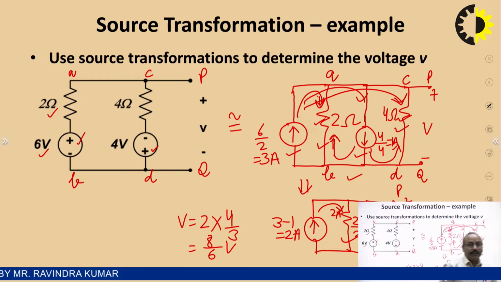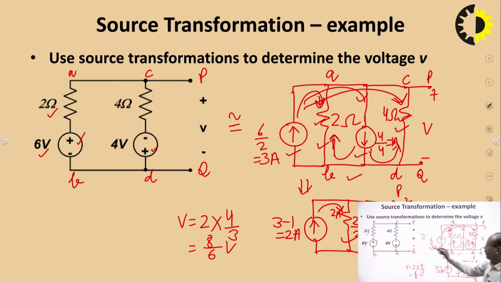So, that way we are able to calculate this voltage V in the given circuit with the help of source transformation easily. What we are to do here is basically convert the given voltage source to the equivalent current source, or vice versa, depending upon whether we are given voltage sources or current sources in the circuit.